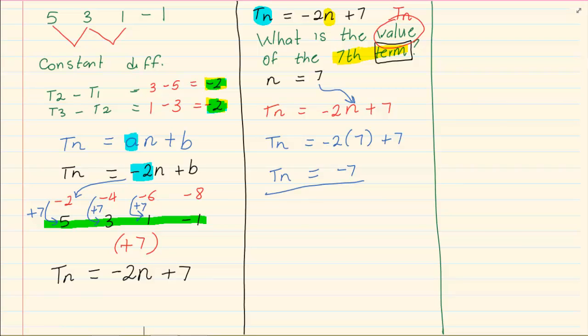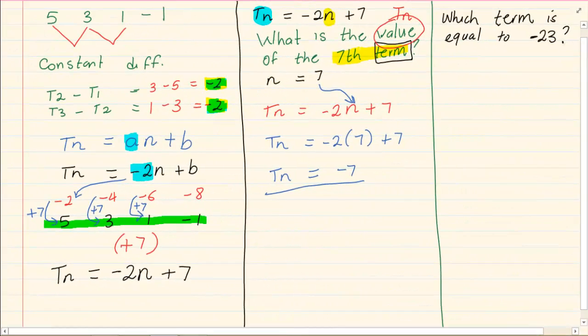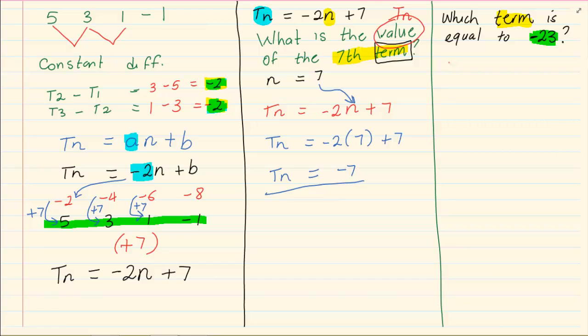Now let's do another example. They are saying which term is equal to minus 23. Now you need to understand, what are they giving us? Are they giving us Tn or are they giving us n? Now we know the formula is Tn is equal to minus 2n plus 7.